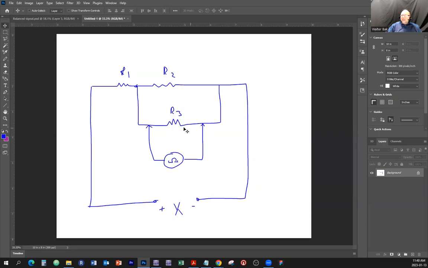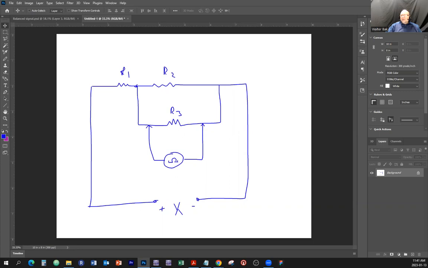Well, look at this. This resistor here is connected in parallel with this resistor. So even if the power is disconnected, you stick the leads, you measure the total resistance of R2 and R3. Well, you're not getting the value of R3, are you?